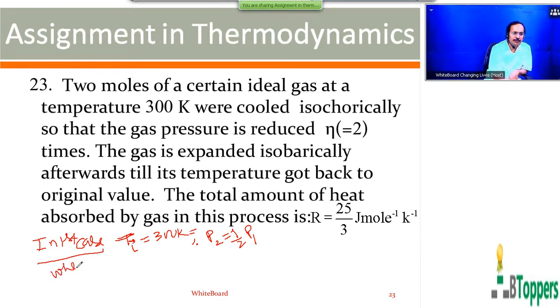So in an isochoric process, when volume of the gas is constant, then pressure is directly proportional to temperature. So P1 by T1 is equal to P2 by T2.